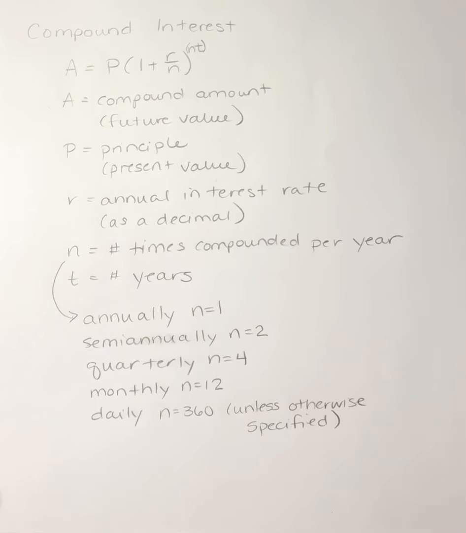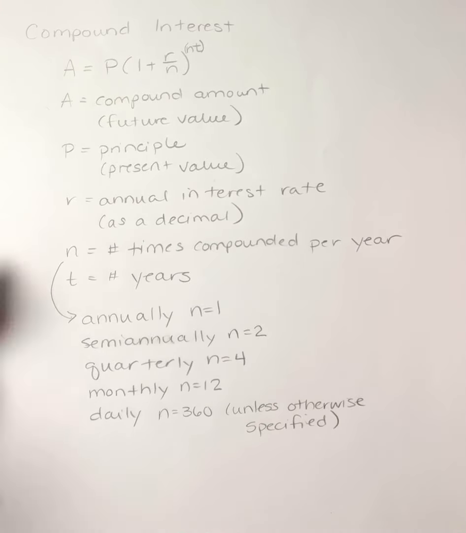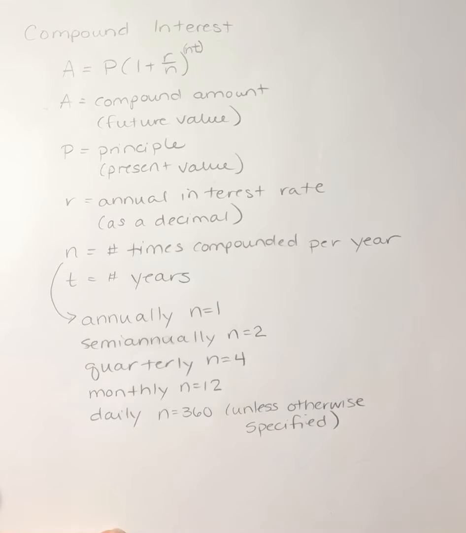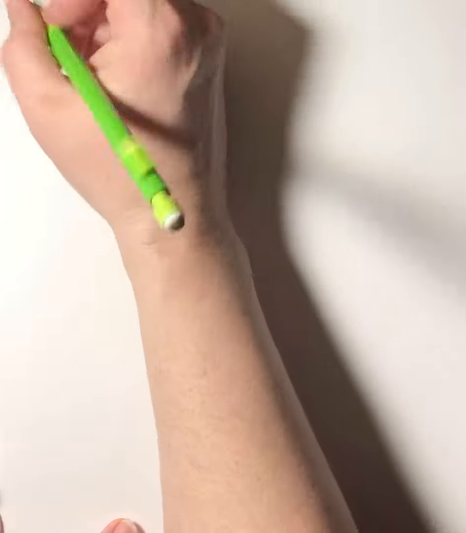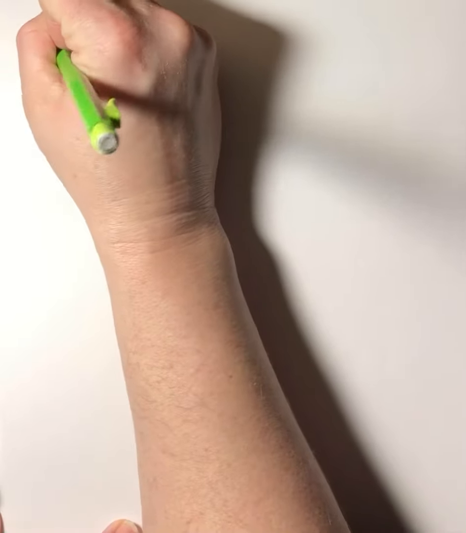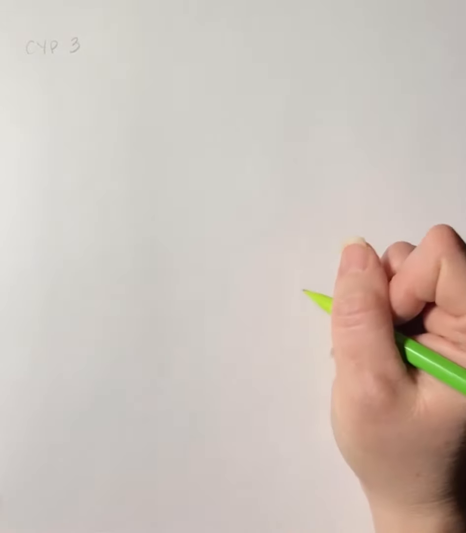If you're looking in the book, examples 1 and 2, they do them very long, drawn out, archaic. I'm just going to jump right to example 3, check your progress 3.